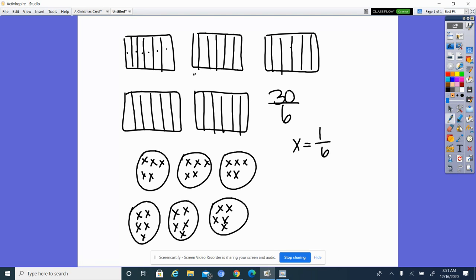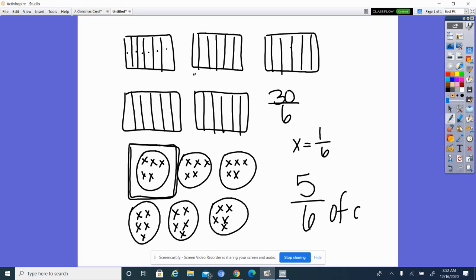Okay, so the question was, what fraction of a box will each teacher receive? So each teacher has 5 X's, but each X represents what? 1/6. So each teacher will receive 5/6 of a box. Right?